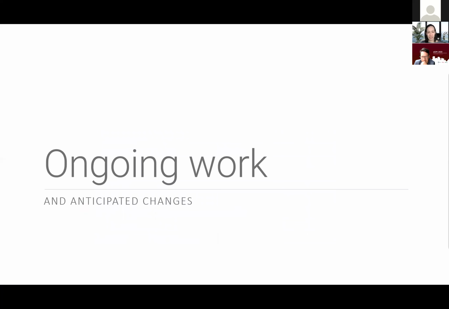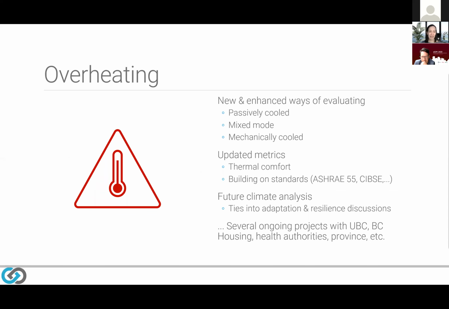Okay, lastly, I wanted to touch on a little bit of ongoing work that is currently underway, as well as anticipated changes that we expect to see on the STEP Code. So the first one I've mentioned already: overheating is currently evaluated for passively cooled Part 3 buildings.